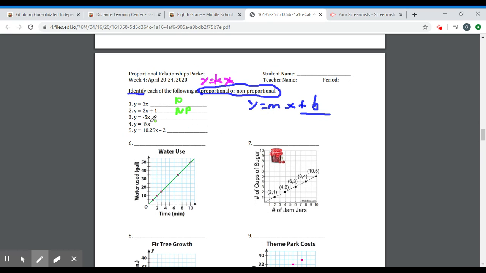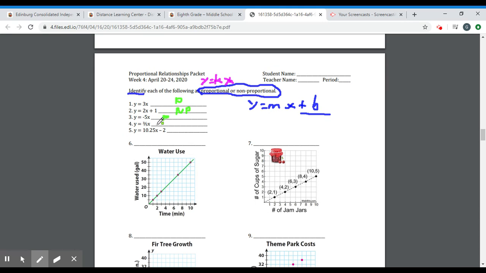y equals negative 5x. Can my equation have a negative constant of proportionality or a negative slope? Yeah, it can. So is this a proportional or non-proportional? Right, proportional. y equals 3/5 x.